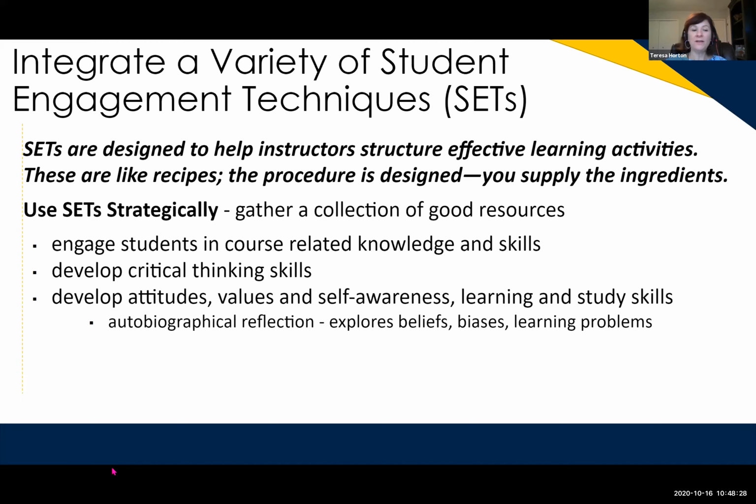And one thing you can do is an autobiographical reflection, where students think about their beliefs and biases in relation to course content. For example, a math professor asked students to write a piece about one of the most profound experiences they've had in math class. Maybe that's good, maybe that's bad. And what do you find out from that? The biases a student might have.